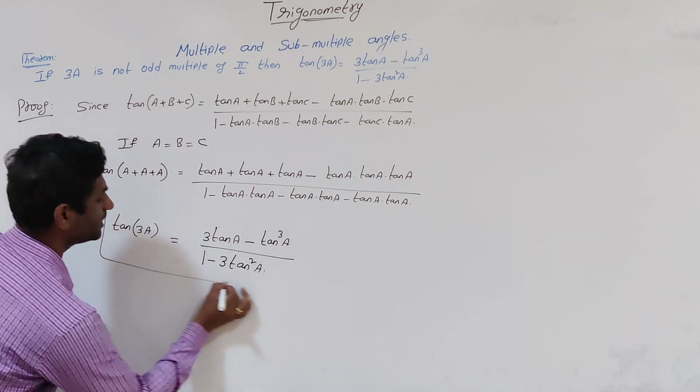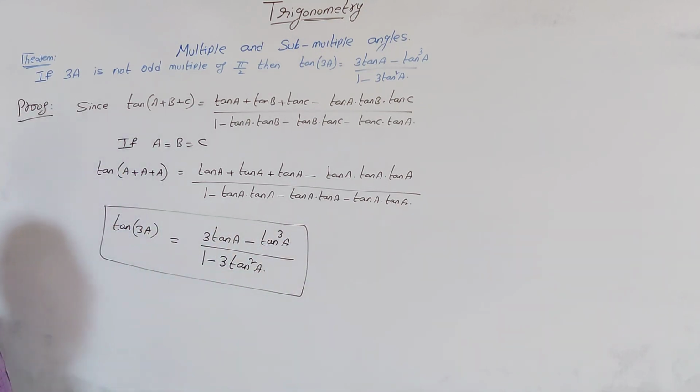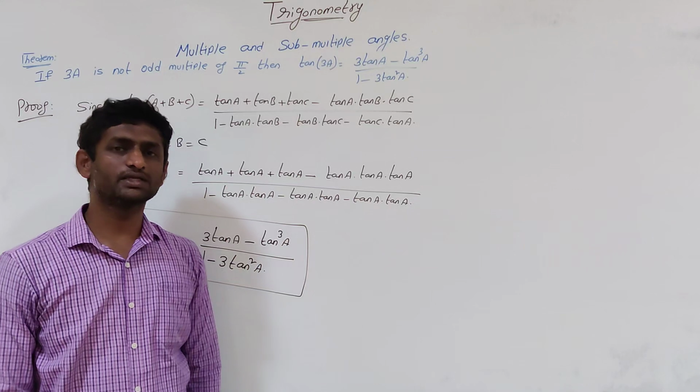So tan 3A is 3 tan A minus tan cube A by 1 minus 3 tan square A.